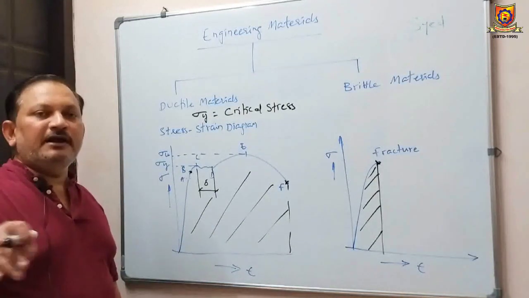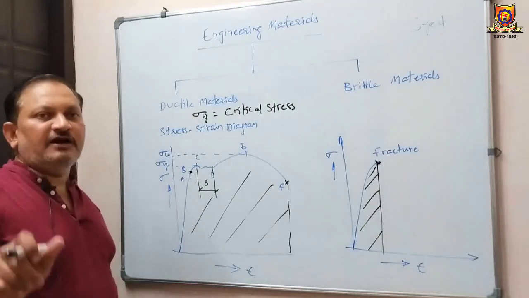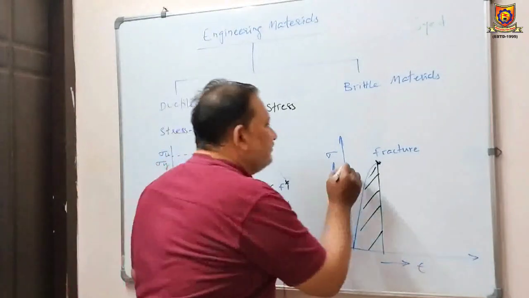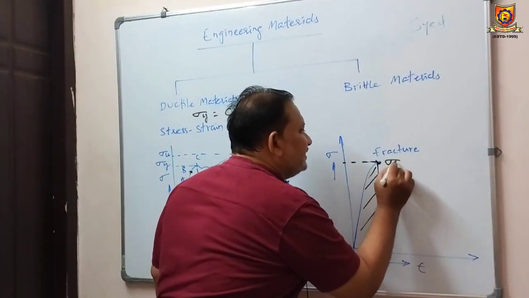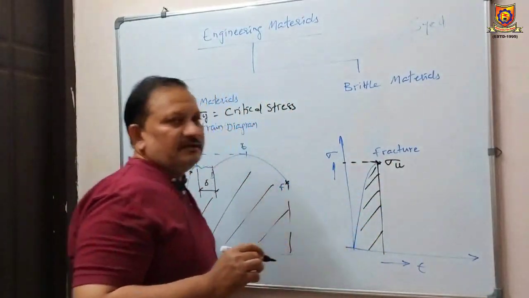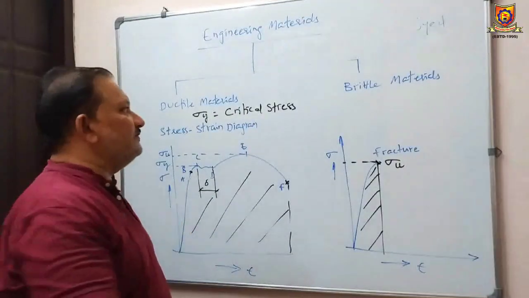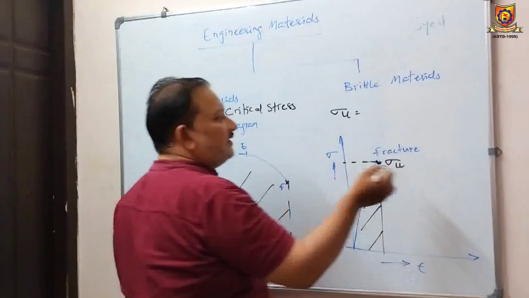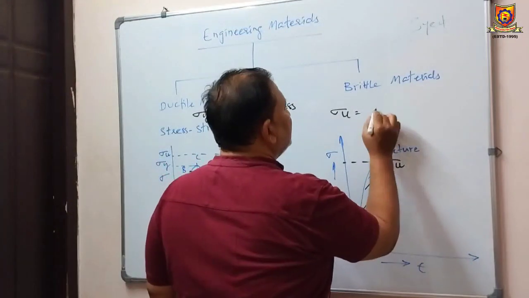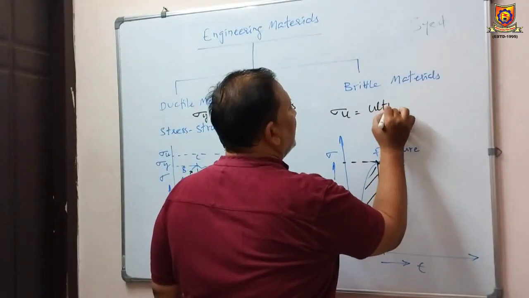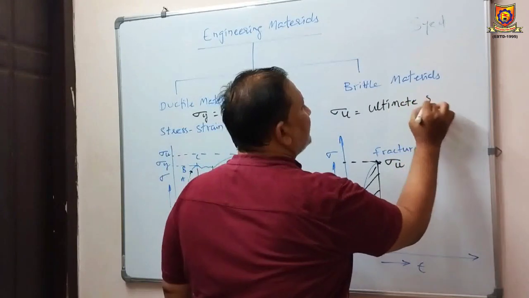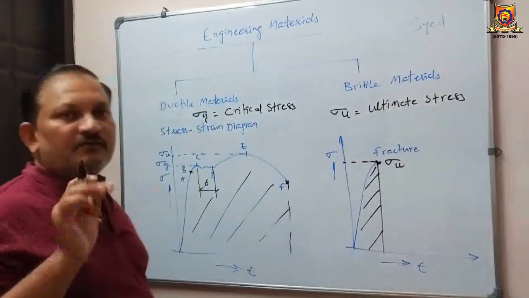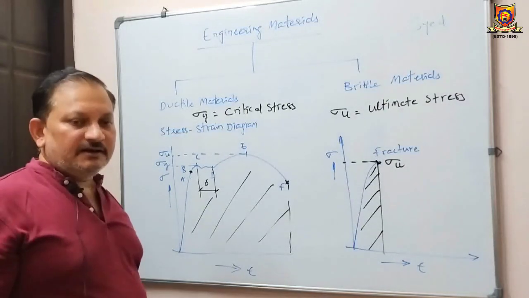Suppose if you wanted to design some machine components using brittle material, for a brittle material we can consider its ultimate strength, or we can say ultimate stress. Ultimate stress is the critical stress for a brittle material.